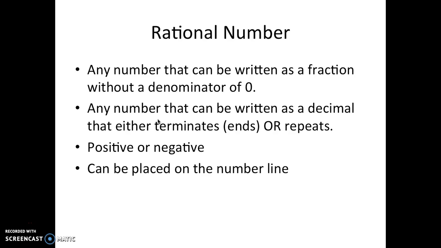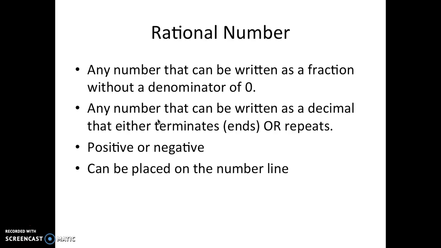Maybe they repeat for just a little bit, like 1, 2, 1, 2. That's a repeating pattern, but it doesn't go on forever. A popular repeating decimal is 0.33333, going on forever, which is 1/3 as a fraction. So we know that that's a rational number.